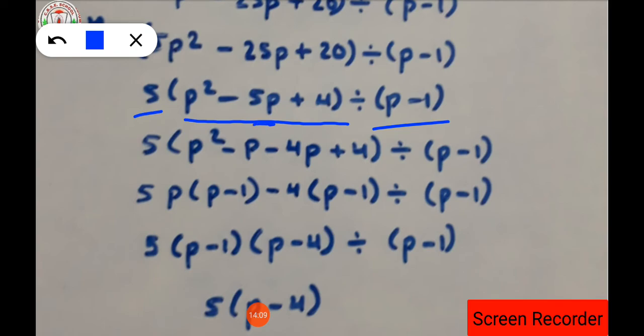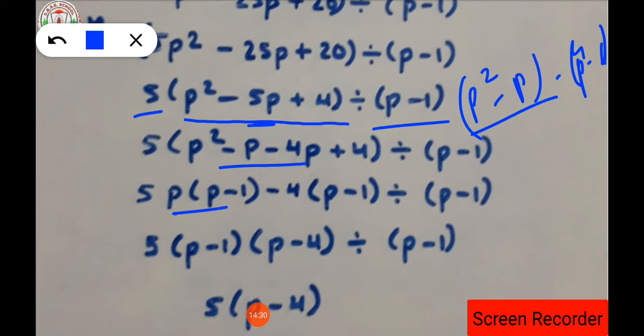Now 5p is written in the form of minus p minus 4p, isn't it? So now making the pair of p square minus p, and the second one making the pair of minus 4p plus 4, isn't it? So p will be taken common.